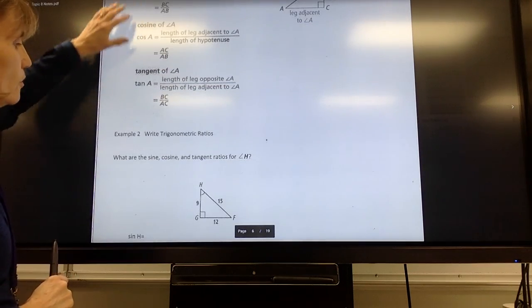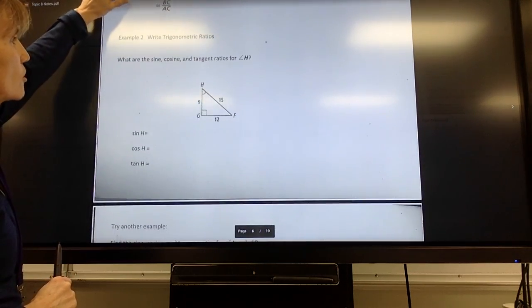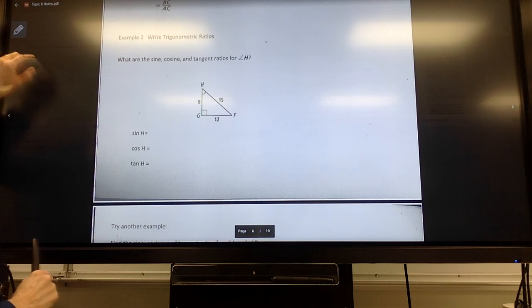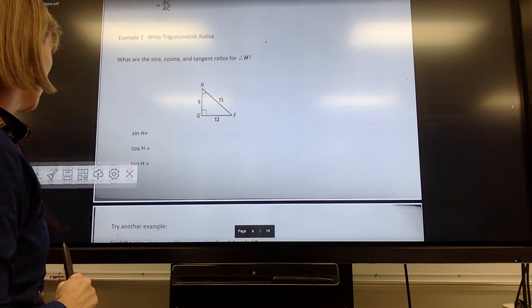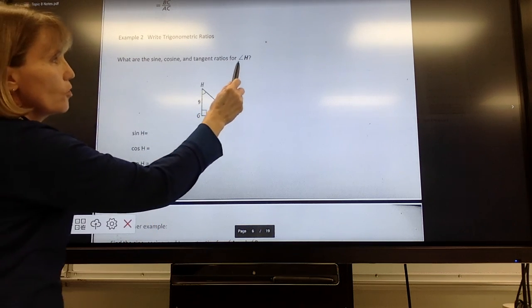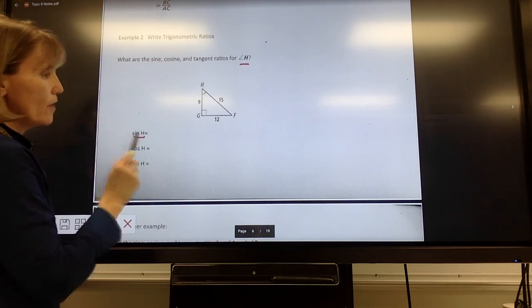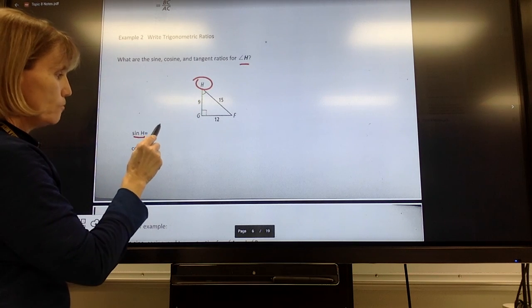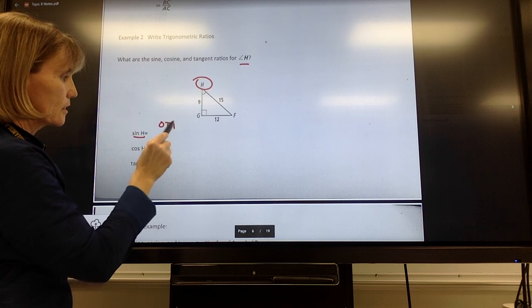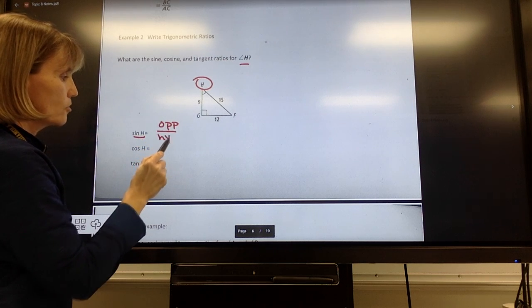Okay, here's what we're going to do today. It says write trig ratios. What are the sine, cosine, and tangent ratios for angle H? Again, you have to know which angle we're talking about. So the sine of H, you want to circle angle H right here. For sine, we're looking for the opposite distance divided by the hypotenuse distance.